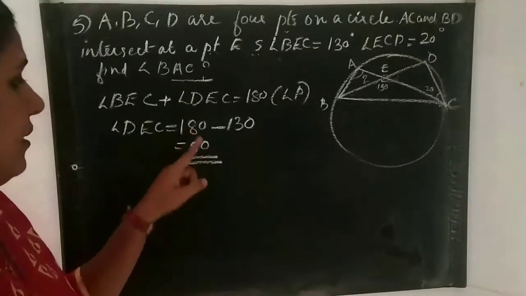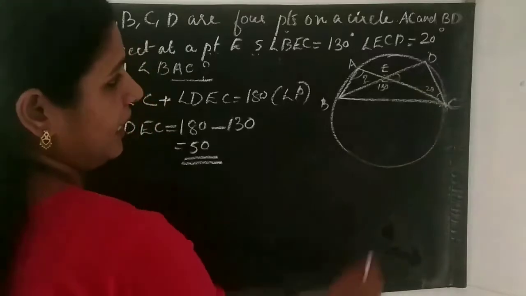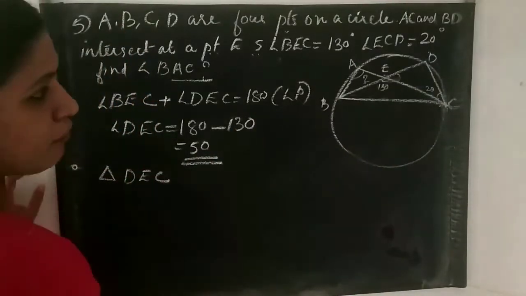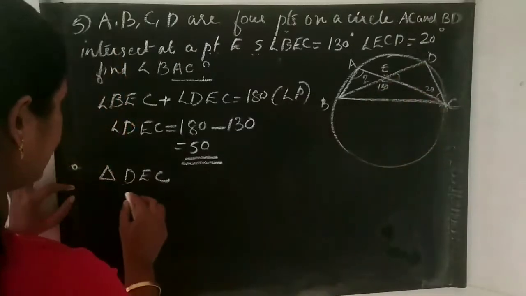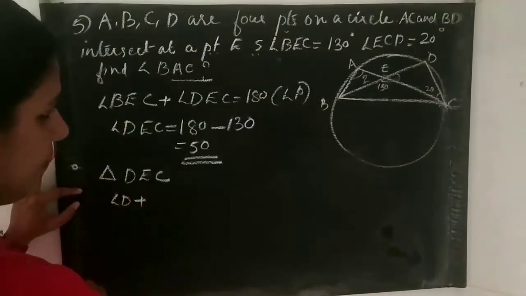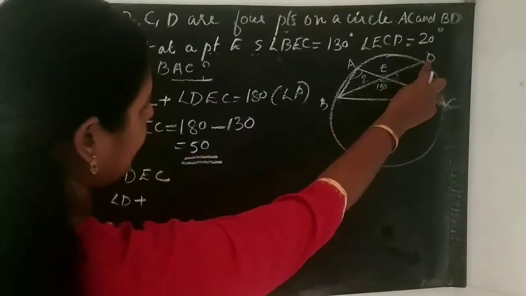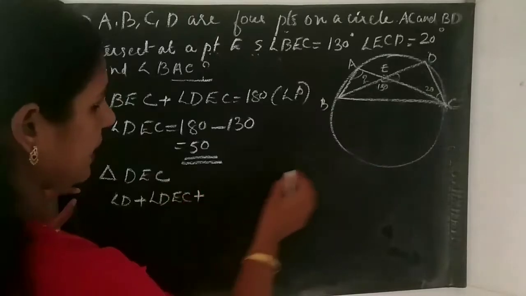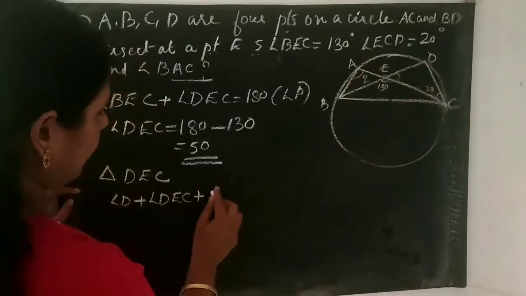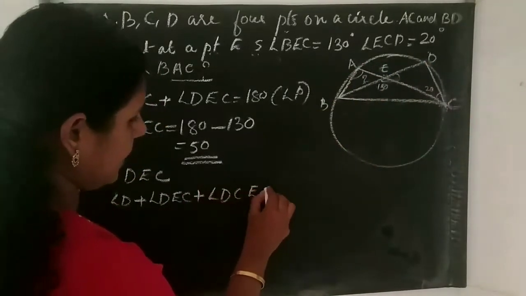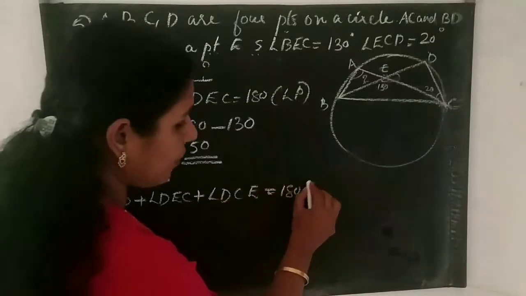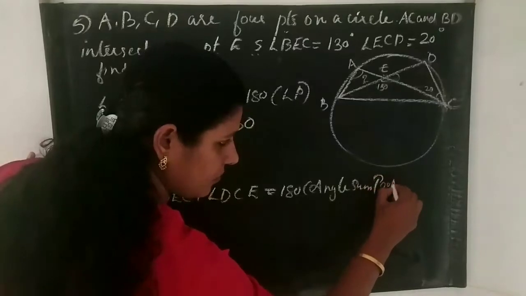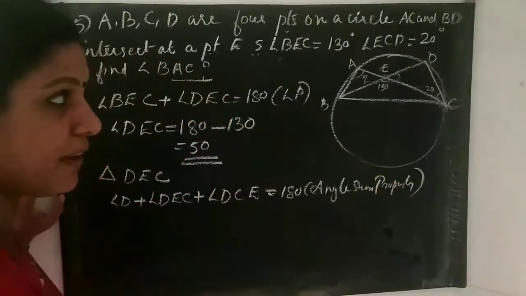Okay children, now we get this angle is 50 degrees. Then considering triangle DEC, we can find that angle D plus angle DEC plus angle DCE equals 180 degrees because of the angle sum property of a triangle.